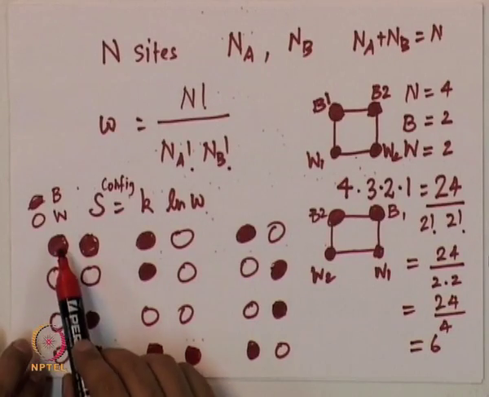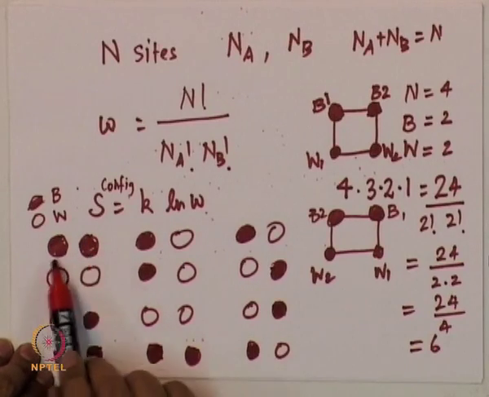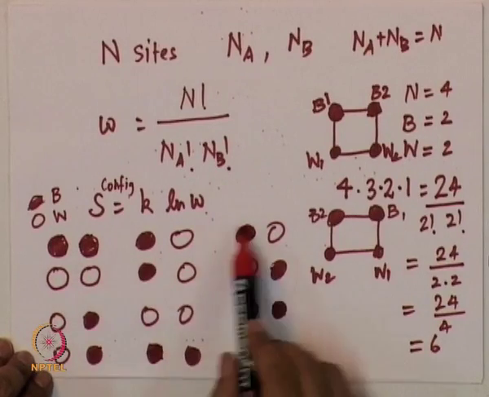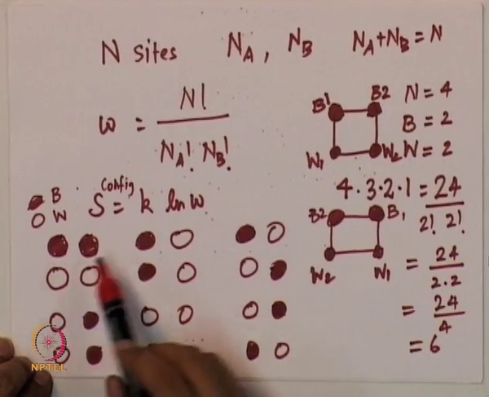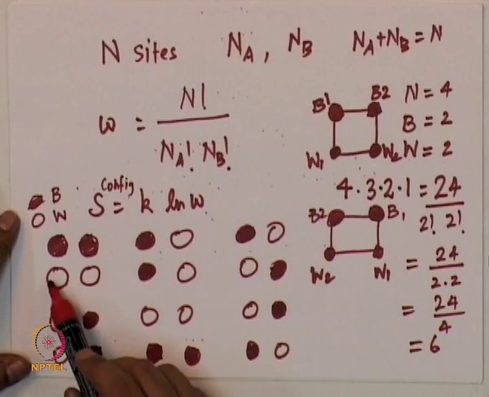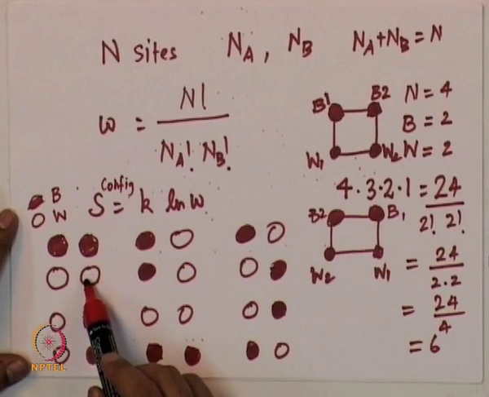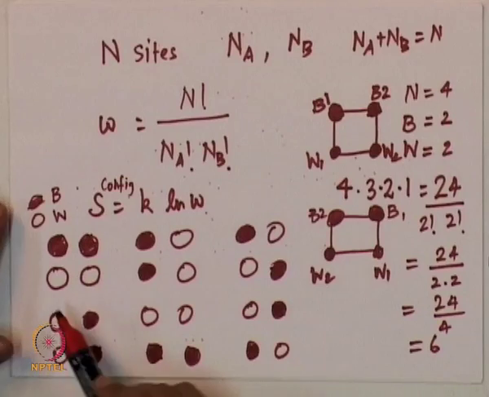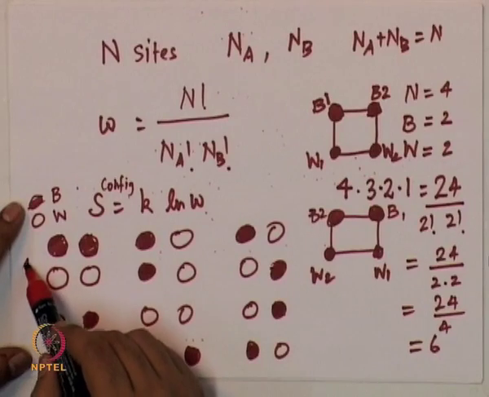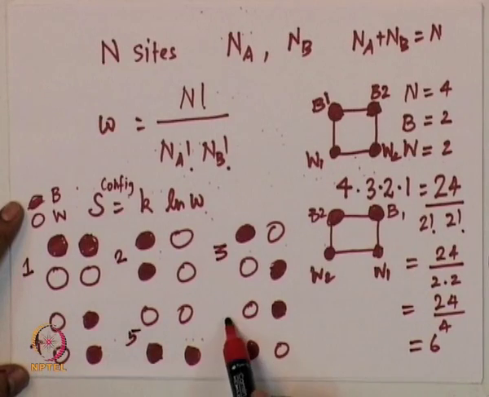Suppose I am able to distinguish this as B1, this as B2, or this as B2, this as B1. Then for every one there will be 2 more. So, there are 6 and into 2 that will be 12, and the same with white also. Suppose I can distinguish this as W1, W2 and this as W2, W1, then for each one of these there will be 2 more. So, we now have configuration 1, 2, 3, 4, 5 and 6.